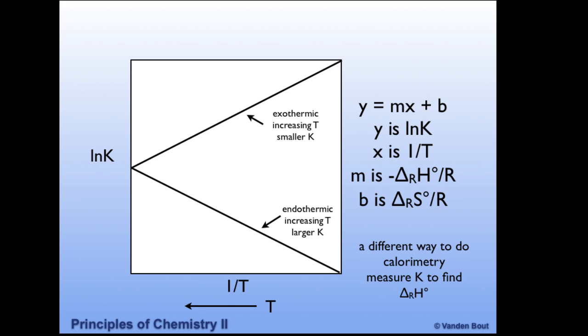And if we can measure concentrations, we can probably calculate K. And if we can calculate K, we can calculate the natural log of K, and then we can make a graph of the natural log of K versus 1 over temperature, and we can measure the slope of that plot and extract from it both delta H and delta S, because the slope is going to be minus delta H over R, and the intercept is going to be delta S over R. This is the so-called van 't Hoff plot, and it is used a lot in chemistry and in particular biochemistry to measure very small heats of reaction.